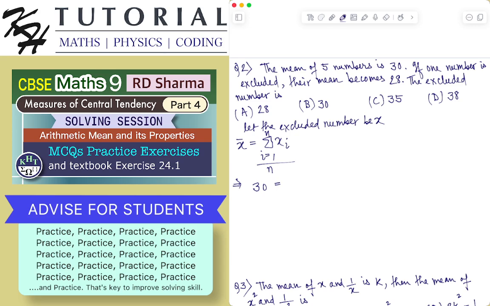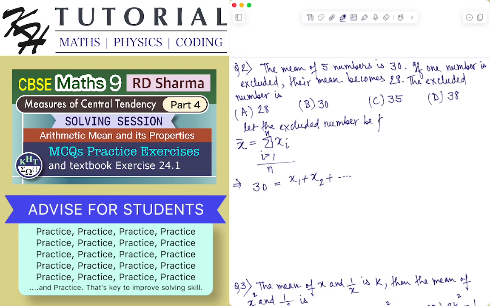If one number is excluded, the mean becomes 28. So this will be x1 plus x2 plus up to... let the excluded number be not x, because I am already using xi's for the observations.